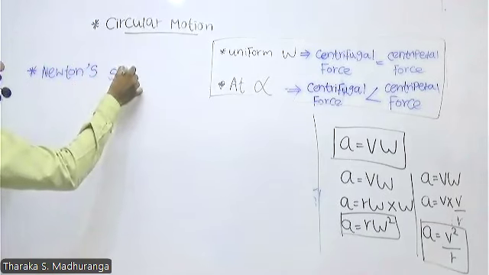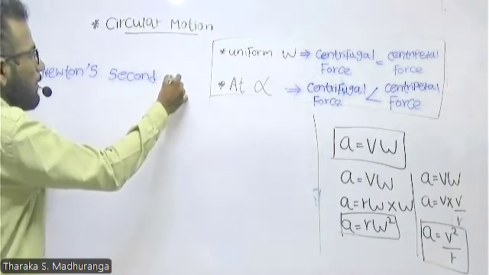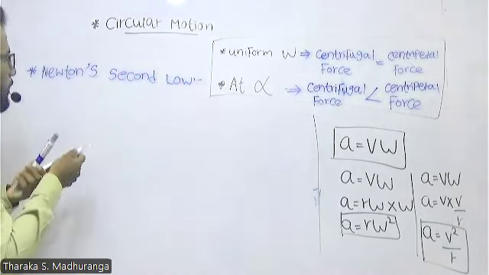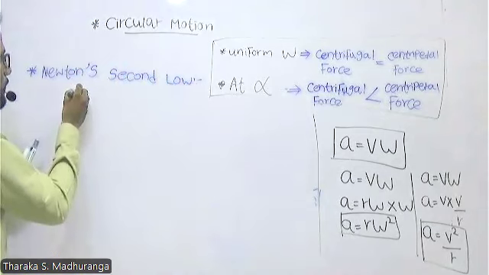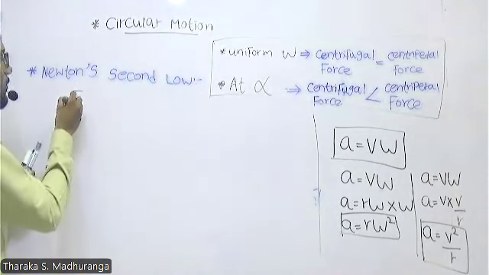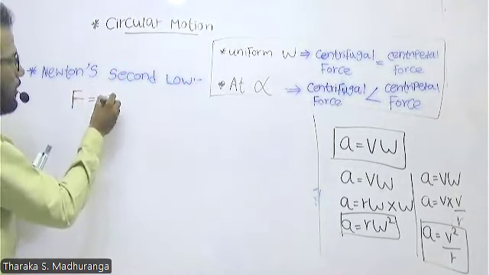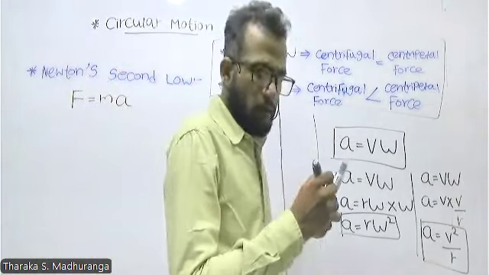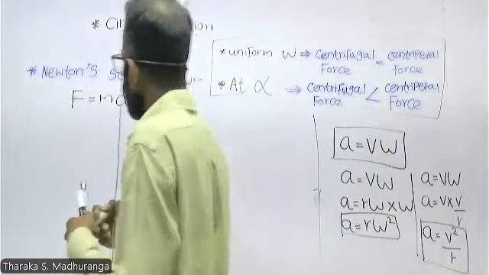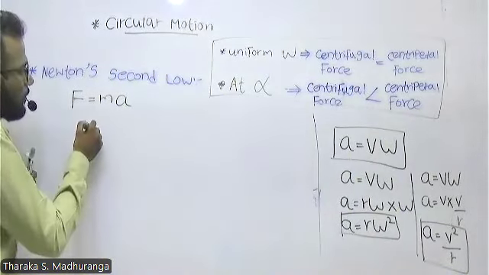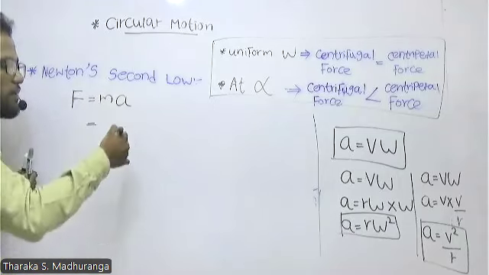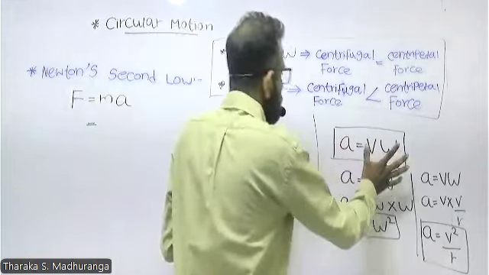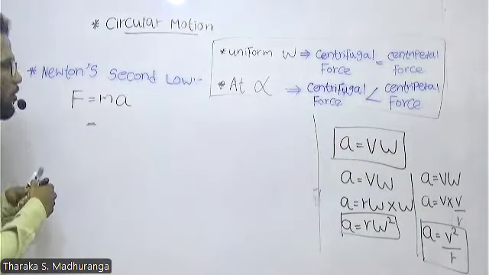According to Newton's second law, F equal ma is the equation. Then instead of acceleration, I substitute this v omega equation.